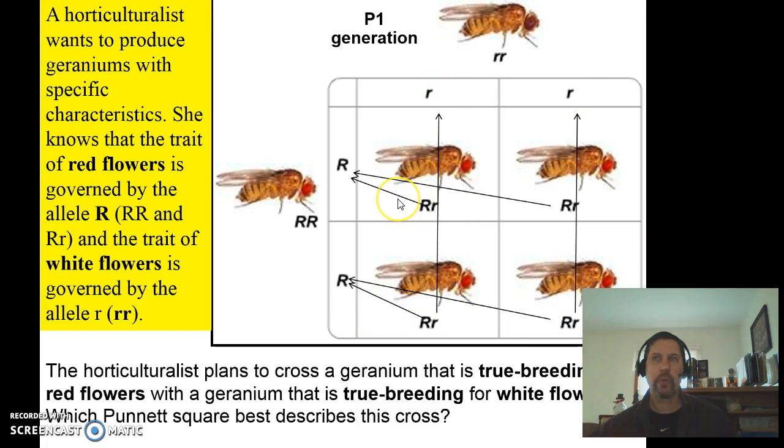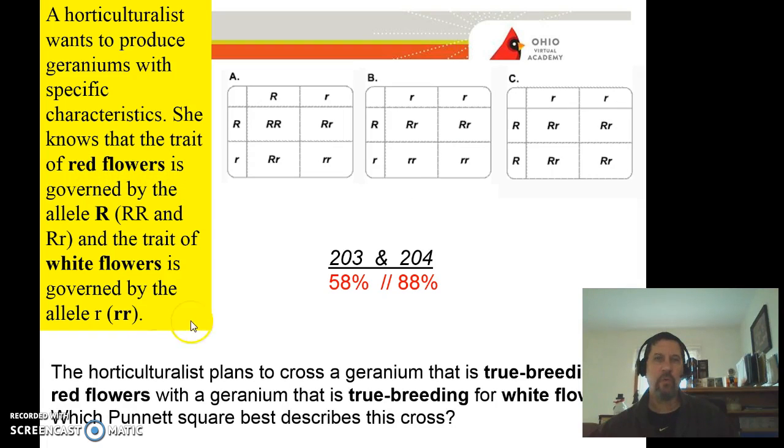So what are the offspring? Well, the offspring all get one gene from each parent. So they are all uppercase, lowercase. In this situation, they are all heterozygous for red. Okay, so what do we get? Well, in this situation, we got a little bit better. 58 of the 203 answered correctly. 88 of the 204 answered correctly.